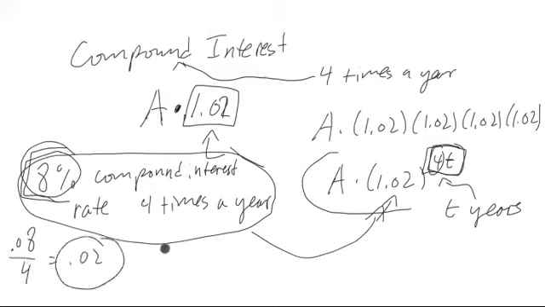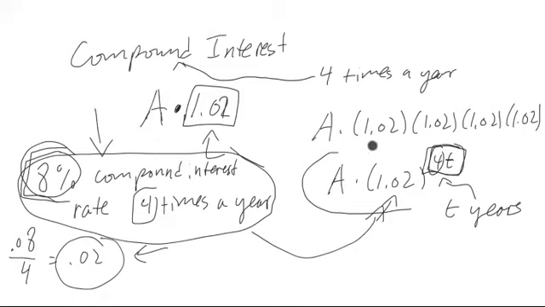So that's the real percentage that we have in the compounding. The rest of this is just terminology and just the way things are said and worded. However, this is what really happens. You take the 8%, you divide it by 4, and that's really what we're multiplying by every time we compound. We have to do it 4 times in 1 year, so we raise it to the 4th, and then we have to raise it to the T right here to get the number of years.